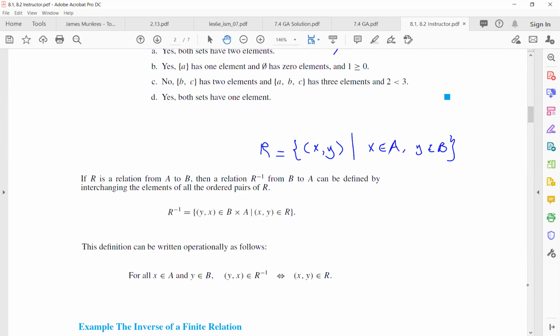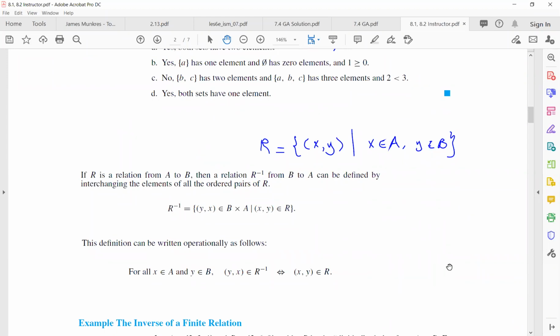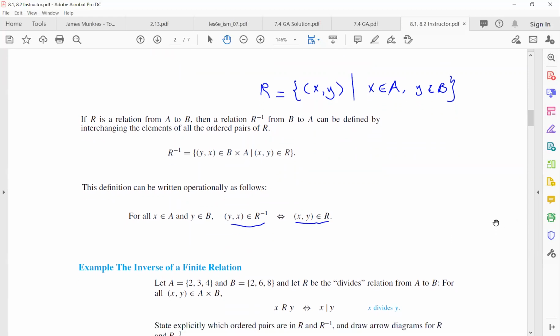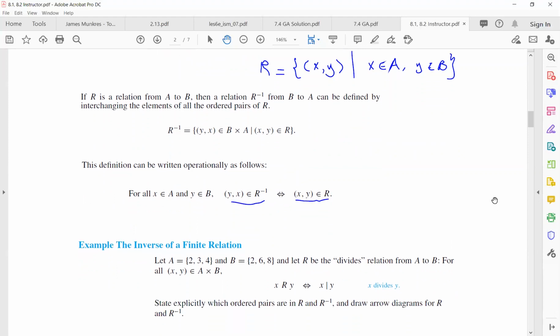So the inverse relation is the collection of points Y and X such that Y is in B and X is in A. Remember that we use these two sets for one-to-one relations. X and Y is a point in R if and only if Y and X belongs to the inverse of R.